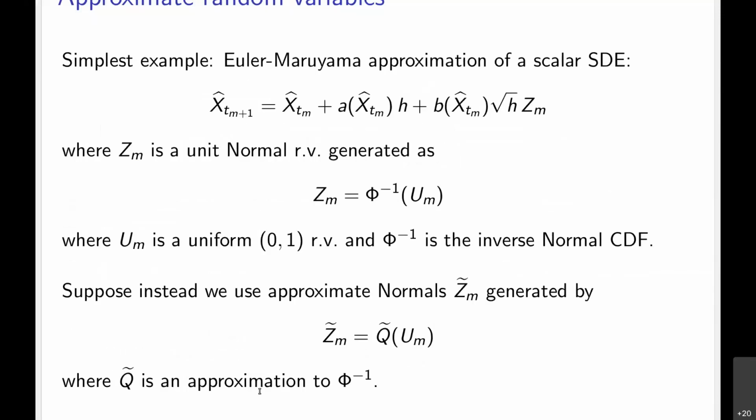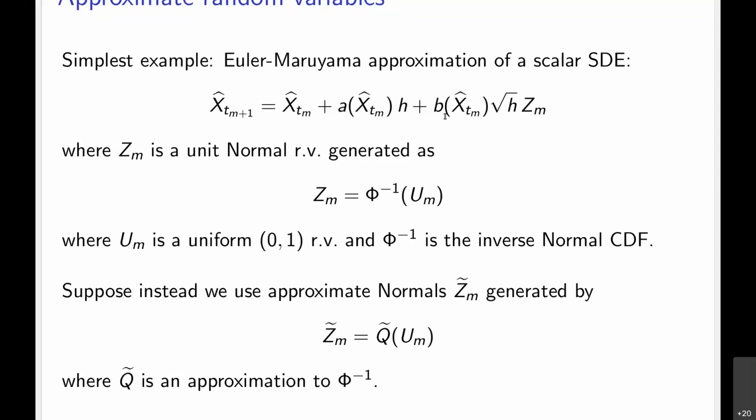So if we think now about what we want to do in approximating a stochastic differential equation, then, okay, I've not actually written the SDE here, but it's dx is equal to drift A dt plus volatility B times dw, where dw is the increment of a Brownian motion.